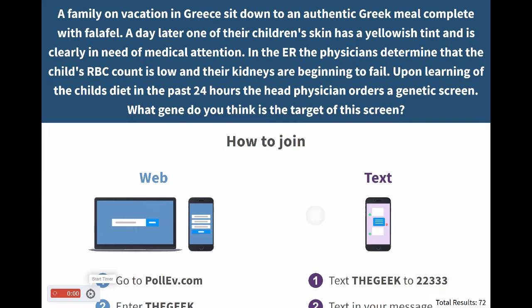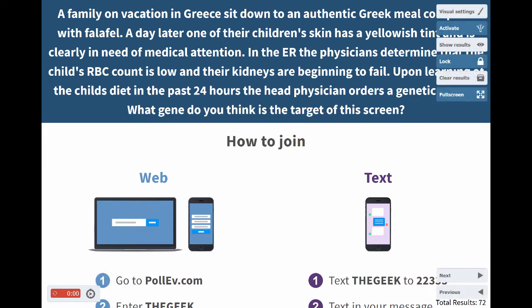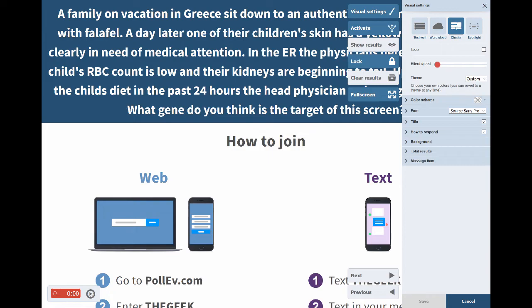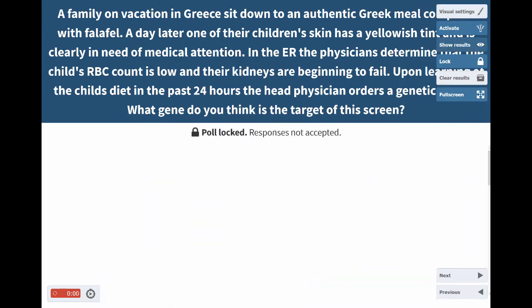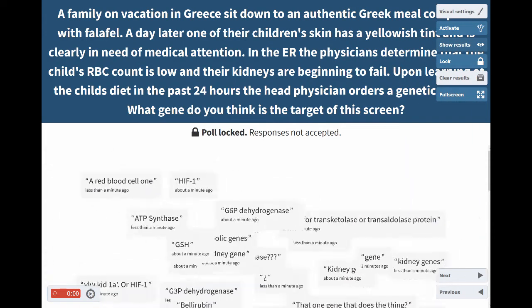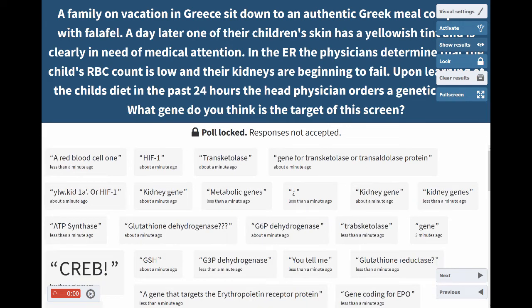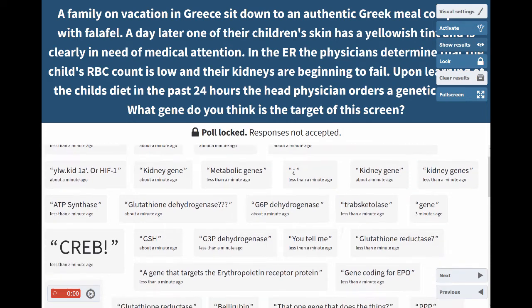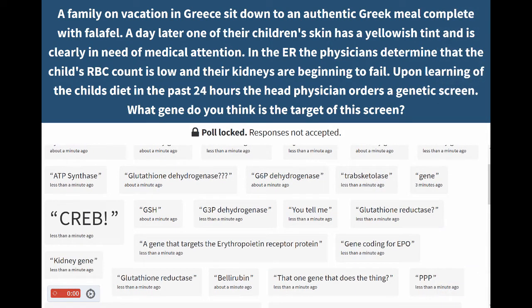Awesome. Let's check this out and see what people said here. Show results. Red blood cell gene. Very good. HIF1. Oh, it's interesting. We'll talk about that. A kidney gene. Glucose 6-phosphate dehydrogenase. Glutathione dehydrogenase.